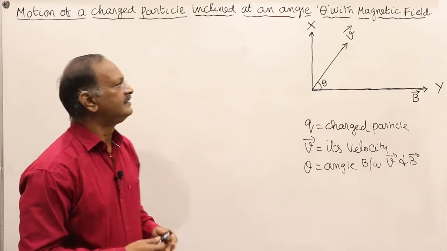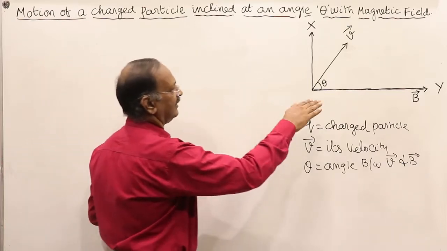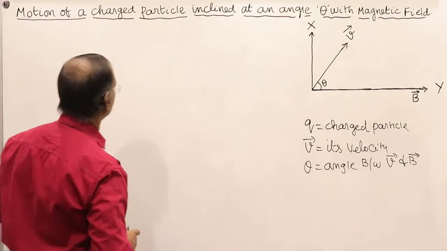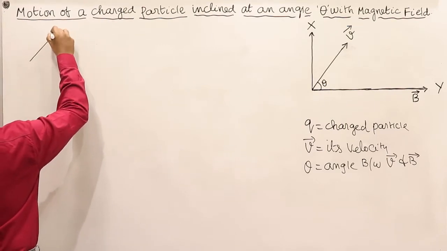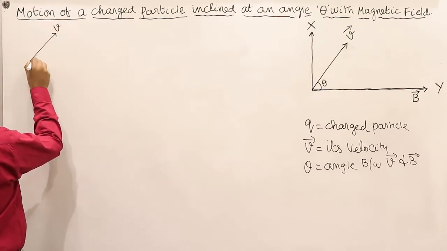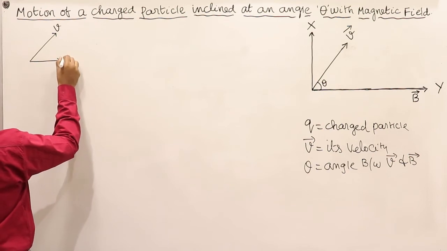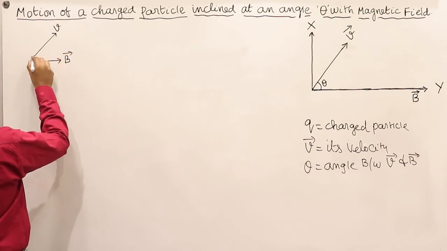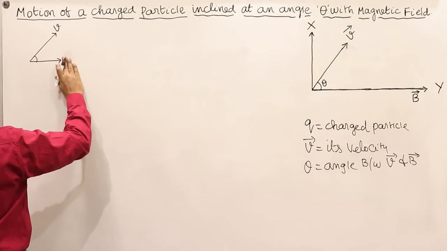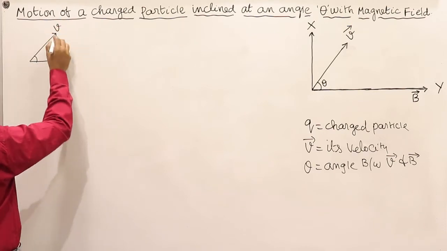So now this is neither parallel nor perpendicular. Now we can resolve it. This is the velocity and this is the magnetic field. So first, let us resolve the velocity into two components.